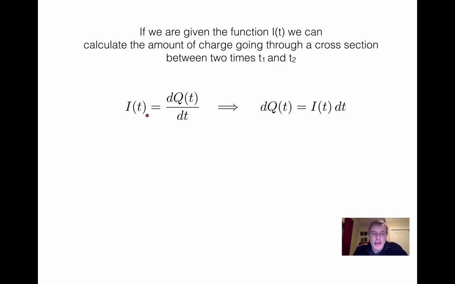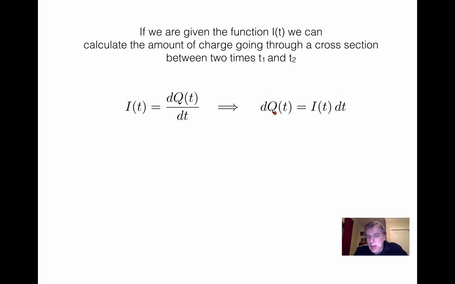So since the current is the derivative of q of t, what you can do is move the dt to the other side. So I have dq equals I times dt. All I did is move this dt up here, and then I get this equation.